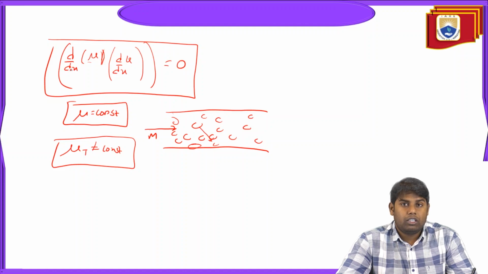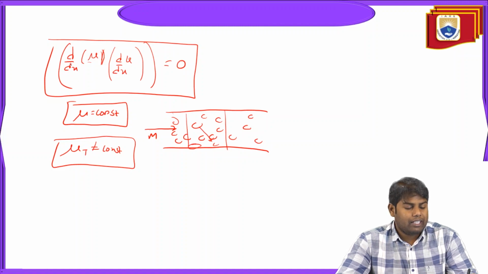So total viscosity will be a combination of laminar and turbulent actually. Now when you take the turbulent viscosity, at each and every section the viscosity will not actually be constant. It varies with respect to space. Fine. So that is why we take mu T as variable. It is not constant. Fine.